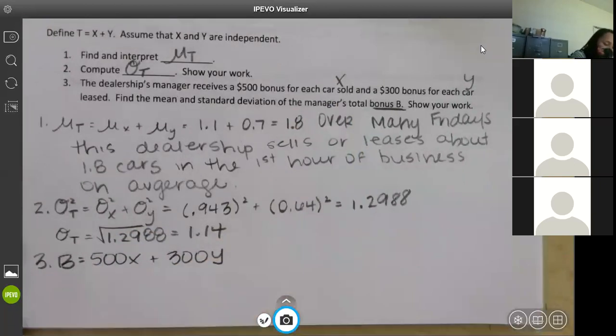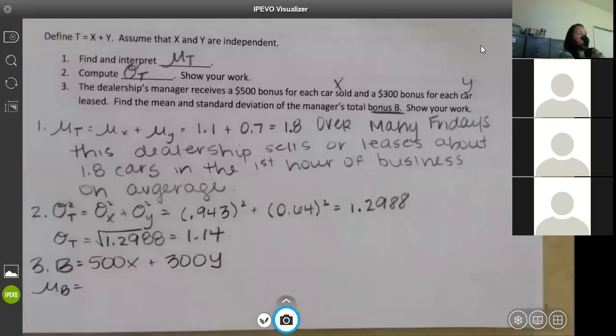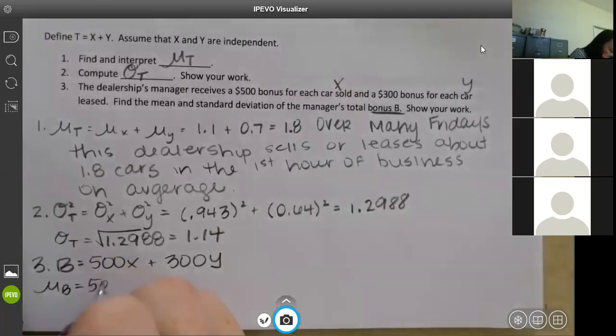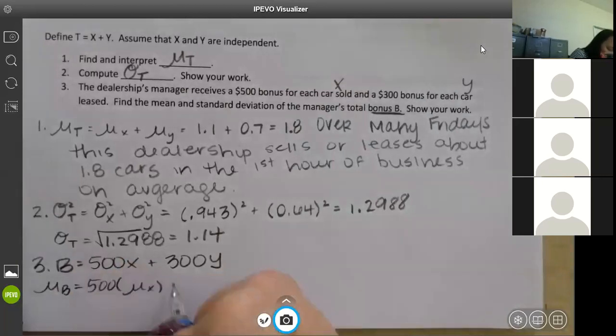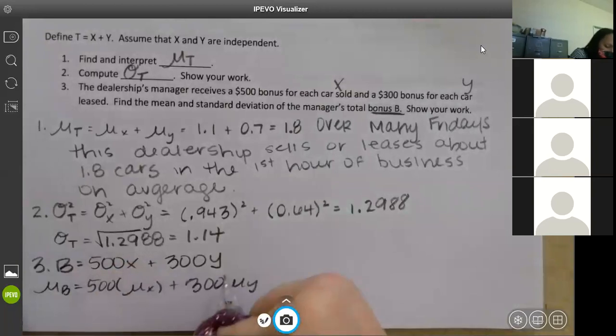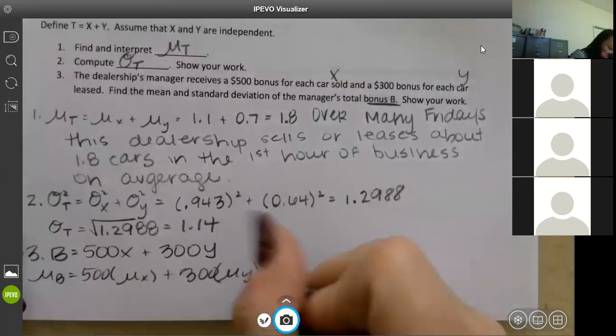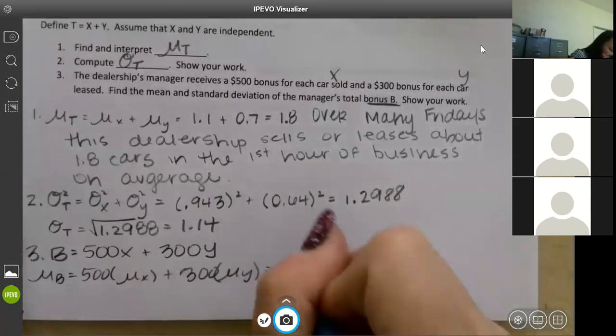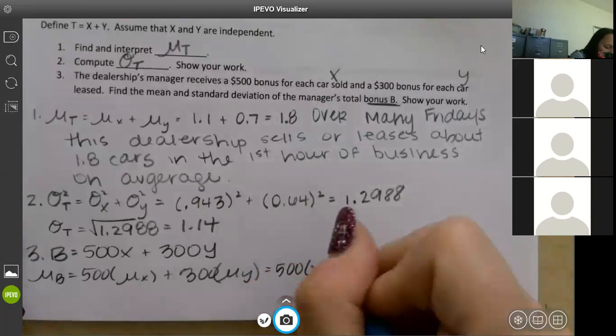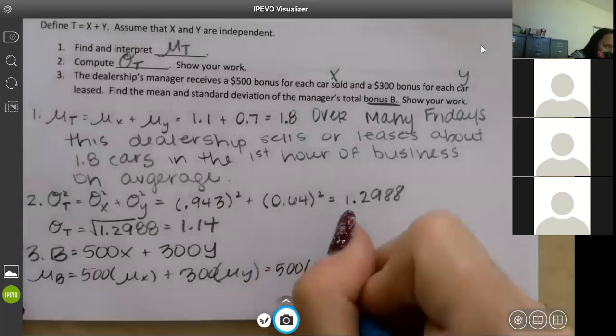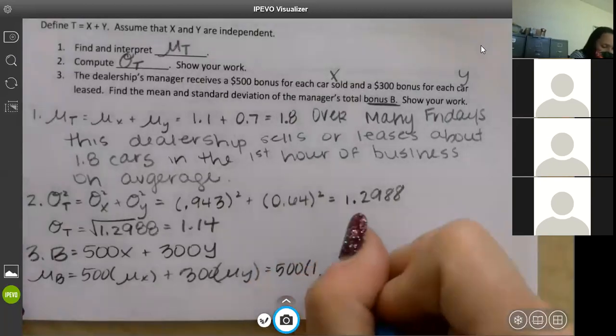So then how do we find the mean of the bonus? You would plug in the mean of X and Y. So 500 mean of X plus 300 mean of Y. So what's your mean of X? 1.1. Yep.